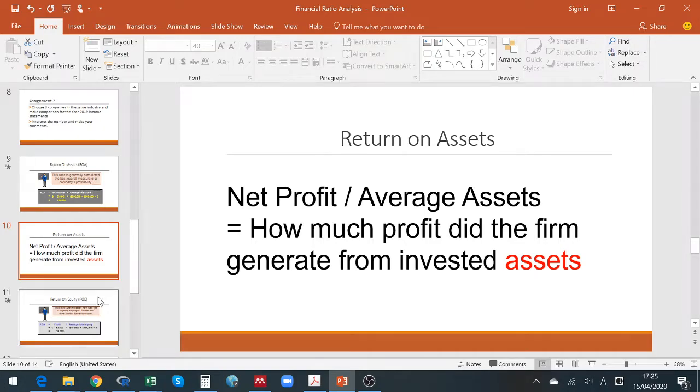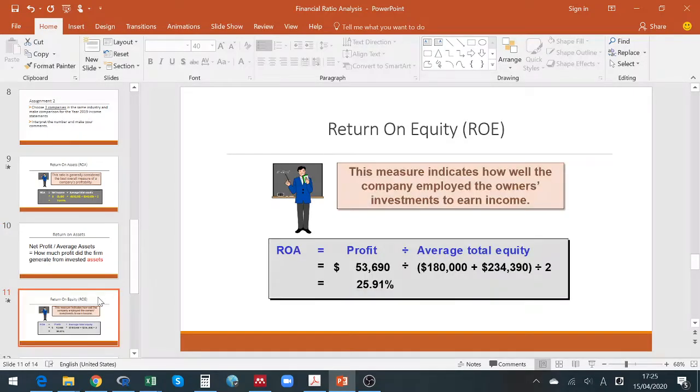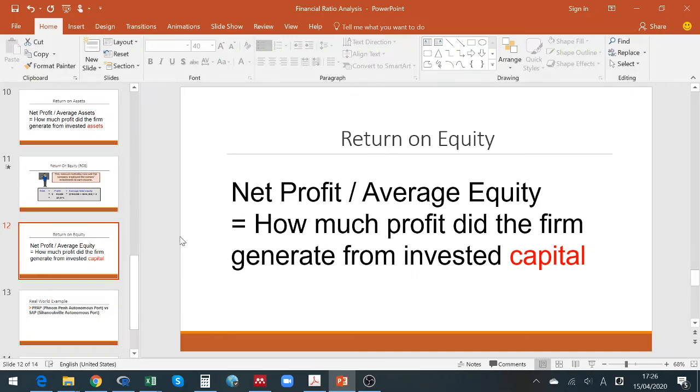Another popular measurement is called return on equity. This time the denominator is equity instead of assets. This one says ROA, but it should be ROE. This is how well the company employed the owner's investment to earn income: net profit divided by average equity.